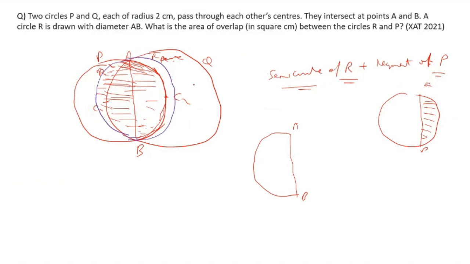Now we know the radius, and again it gets to the calculative part where you know the radius. You need to figure out the length of the common chord. We have done this before. It's the same questions that we have done multiple times, just combined into a bigger problem in this case. Right. So for example, here the radius is 2, and the circles have a radius of 2.